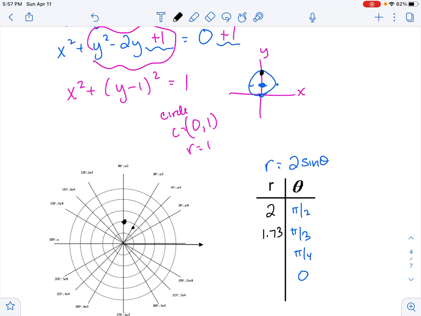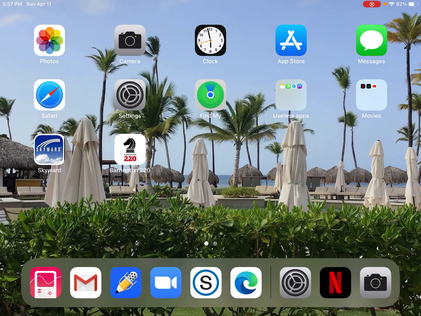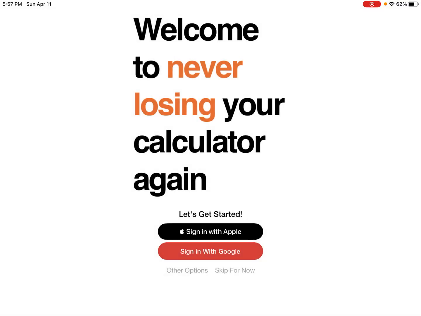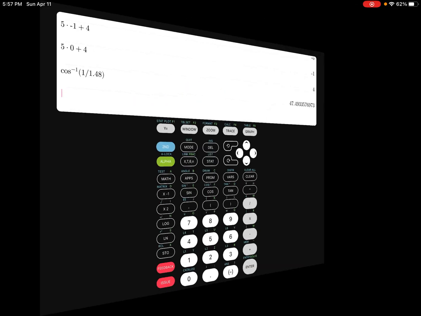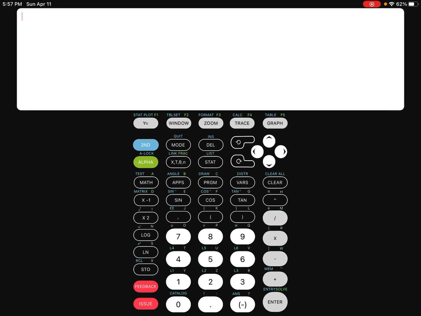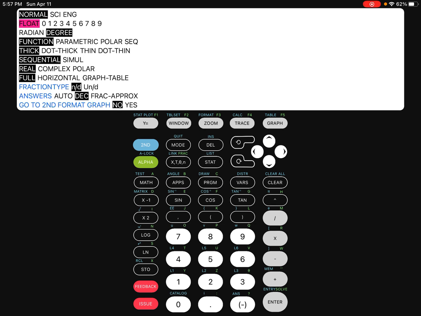If I plug in pi over 4 into my calculator, let's see real quick. I'm going to use my calculator on here and show you exactly what we're doing. I do 2 times sine, oops, make sure I'm in radians, which I'm not on my computer.